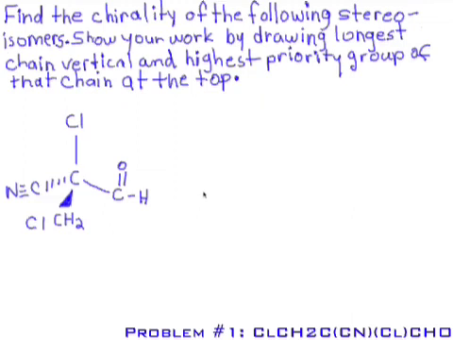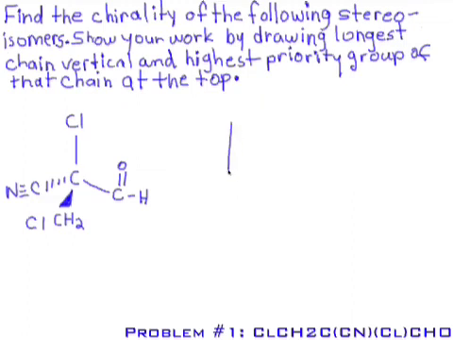And if you look at your chart, you'll notice that C triple bond N is nowhere to be seen on that chart. You have to go to the chart below it, the one you weren't required to memorize, and in that case, you'll find that C triple bond N is higher priority than the aldehyde.